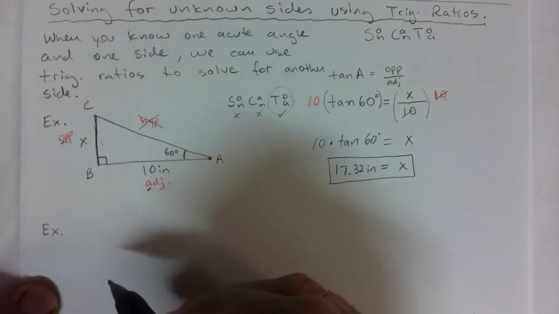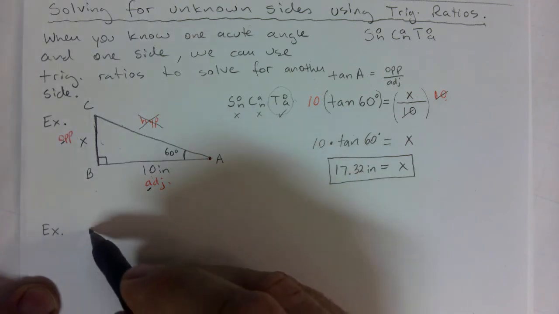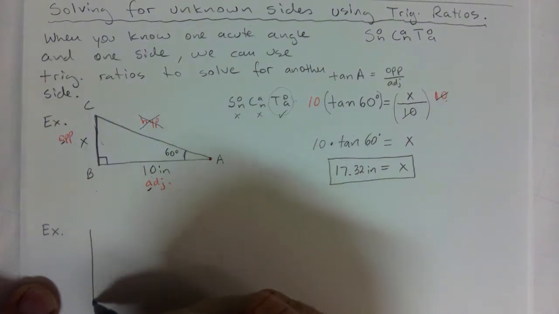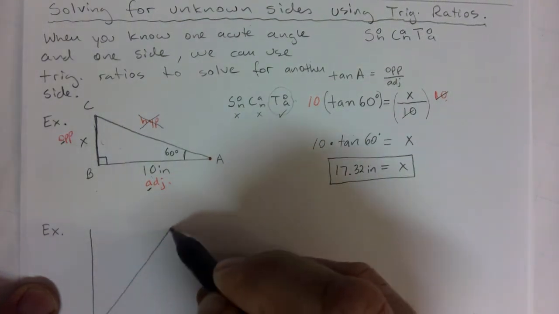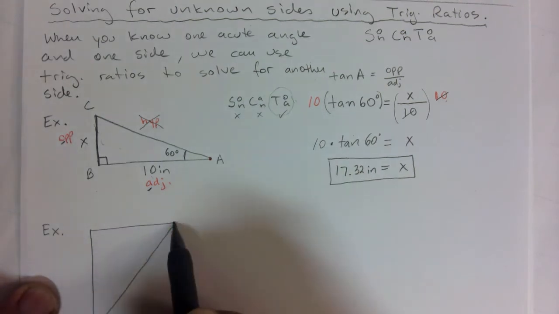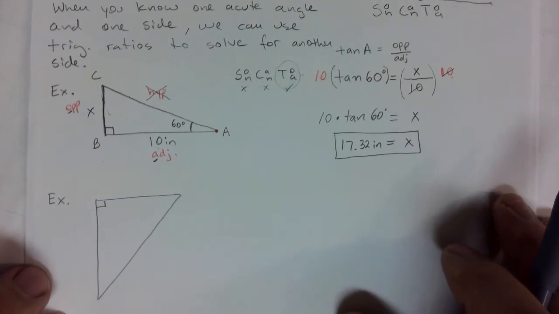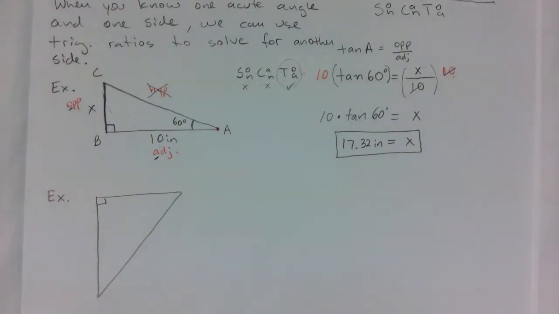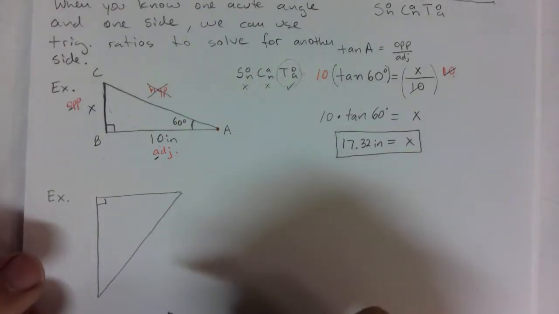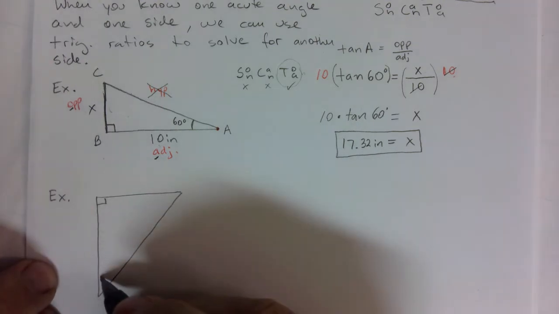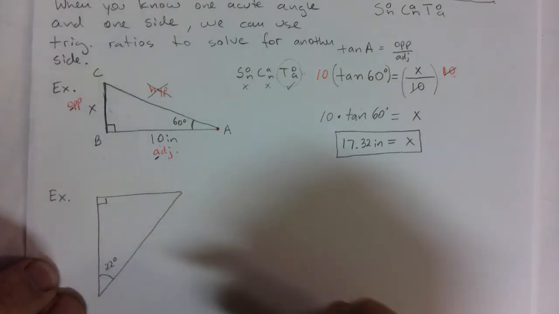Let me go like this. I want you to be able to be comfortable. The triangle being all flipped upside down in an angle, it doesn't matter. It shouldn't throw you off. So let's say they give you 22 here.